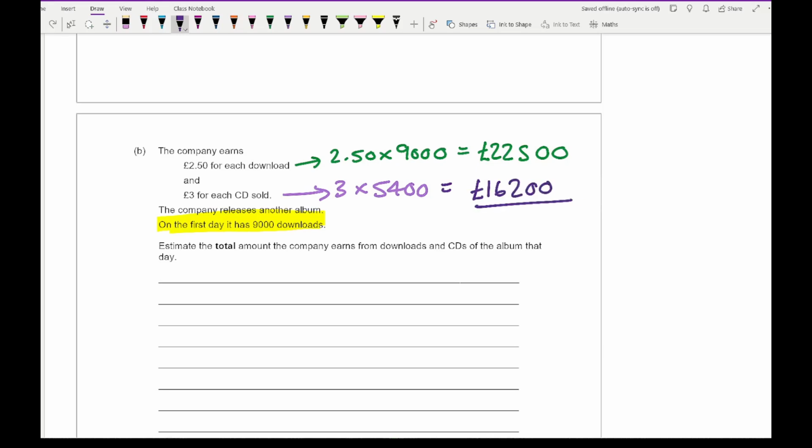So all that's left for me to then do is add those two amounts together, in which I get an answer of £38,700.